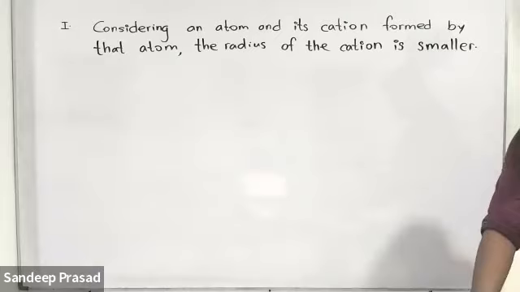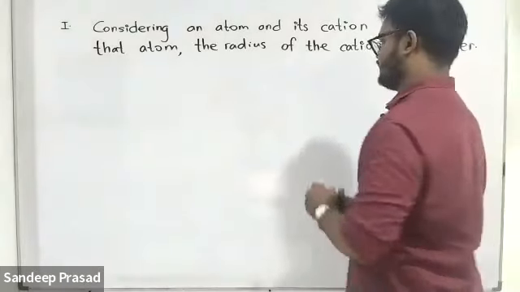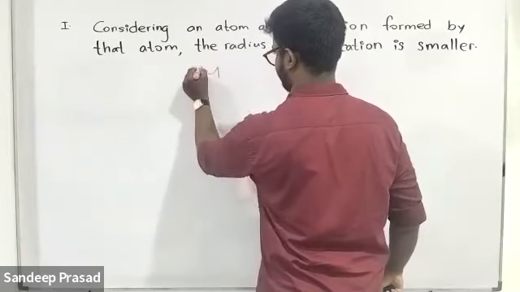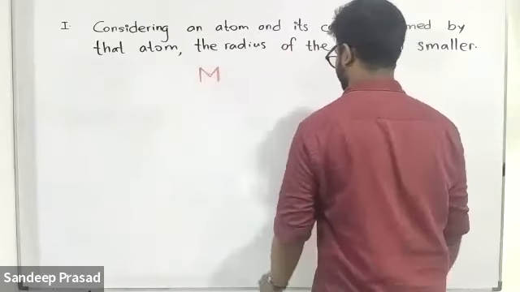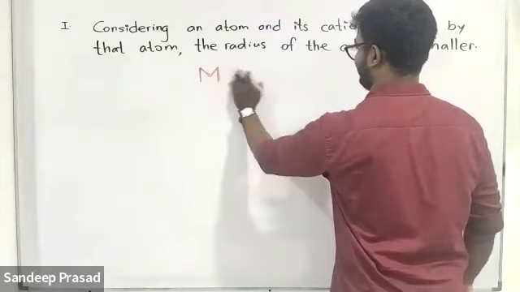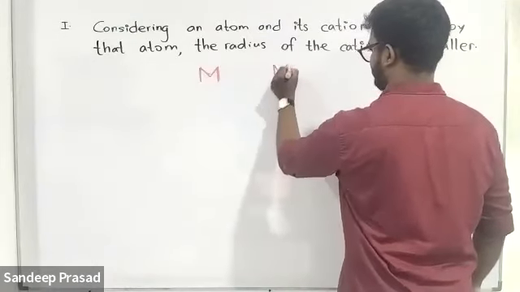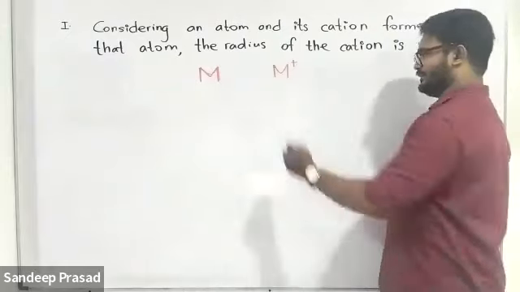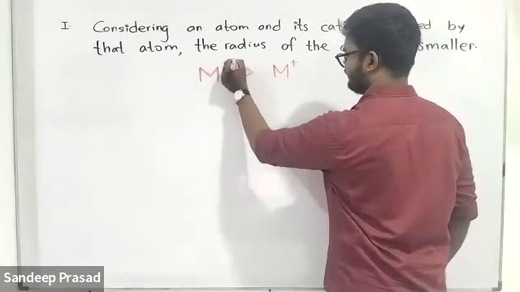Which means, look at this one, students. If I consider the element capital M, and it's forming the cation M plus, can you guess who has the highest radius? For sure, the M element should have the highest radius.